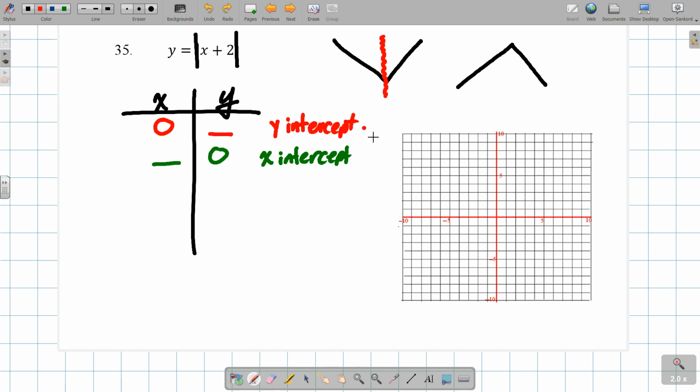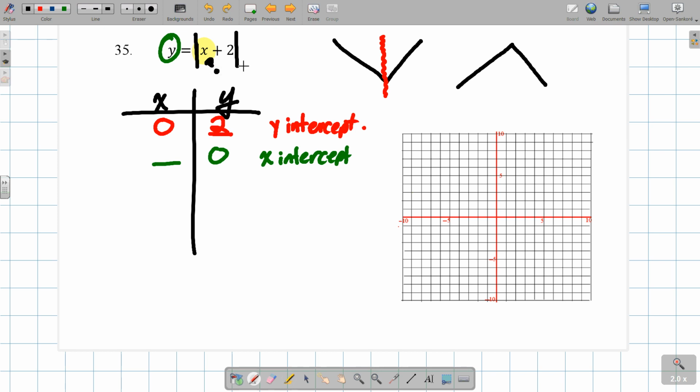Let's do those first. So if I put a 0 up here in the x, 2 absolute value, of course that's going to be 2. Now the other one, you're asking yourself, if I have a 0 in the y, what would x have to be in order for that to be a true statement?